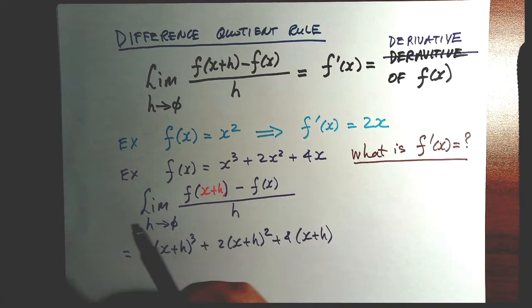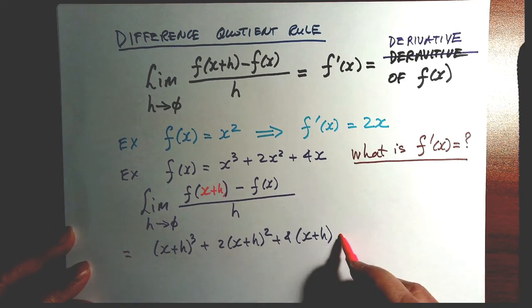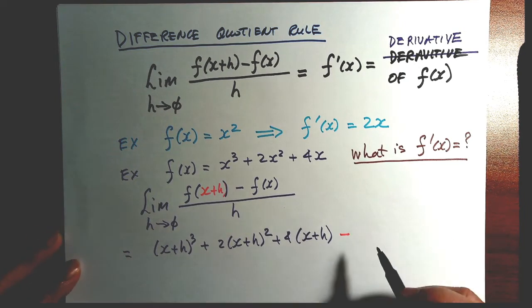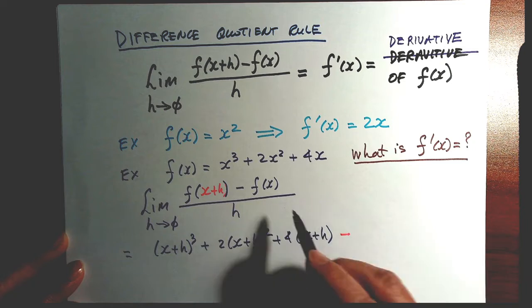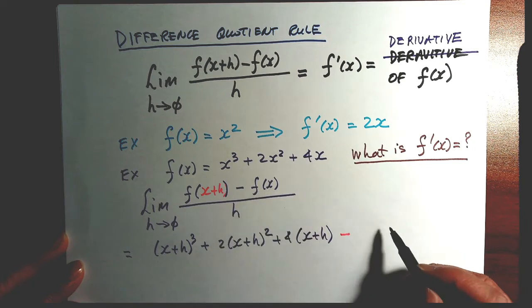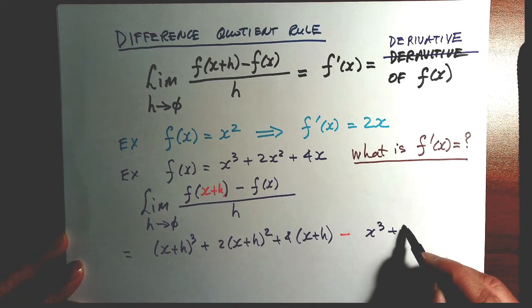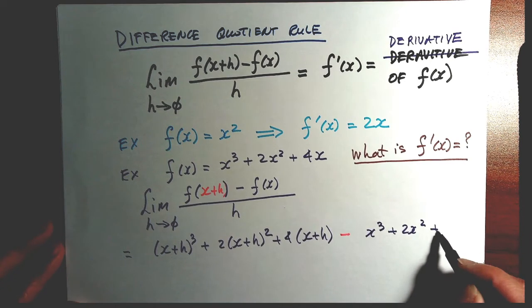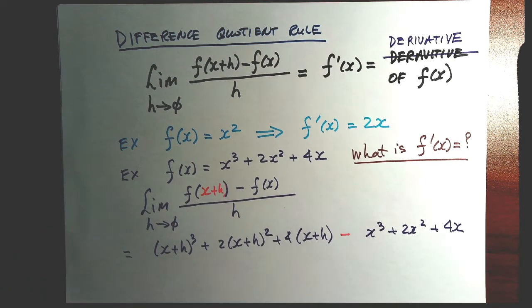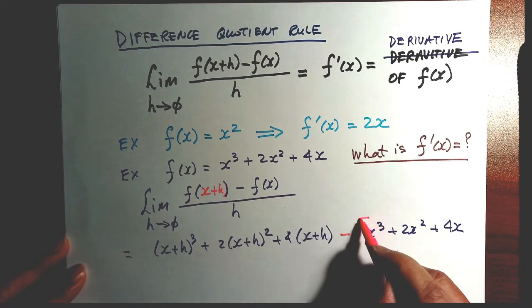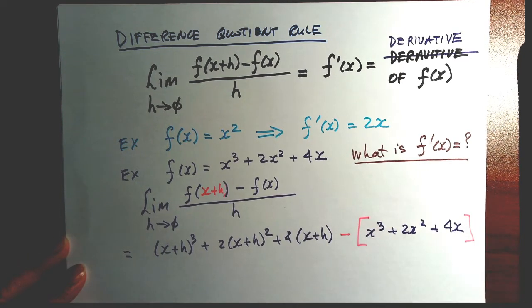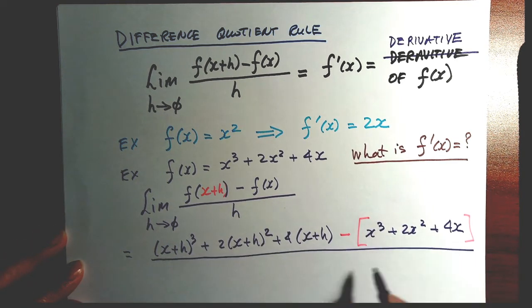And then this minus, and then you have f(x) itself, which would be x cubed plus 2x squared plus 4x. This whole thing is in brackets, so the whole thing is negative, and the whole expression is divided by h.